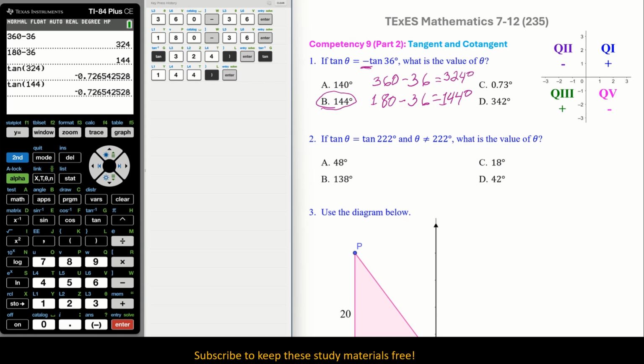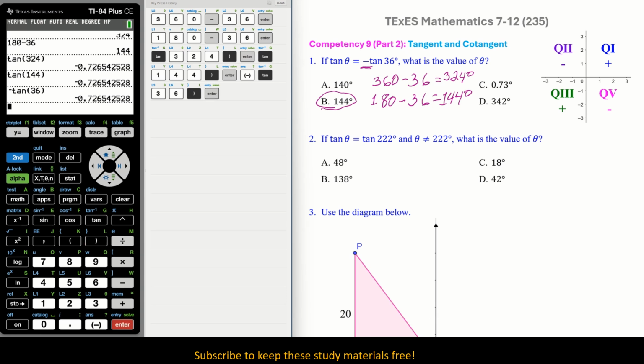So either one would have worked. And we can also put in negative tangent 36 degrees. Let's see what happens. And there we go. All three equivalent. So we've done it correctly.